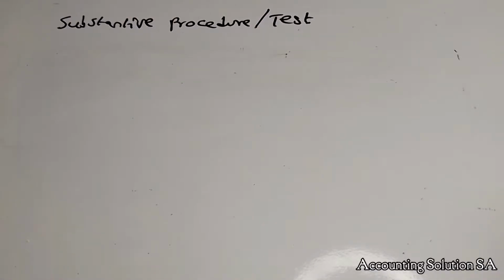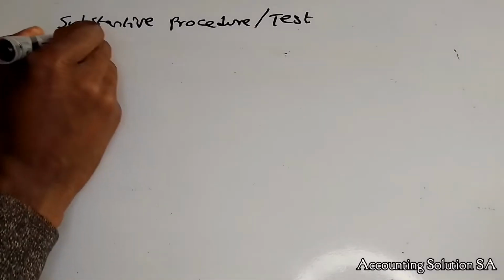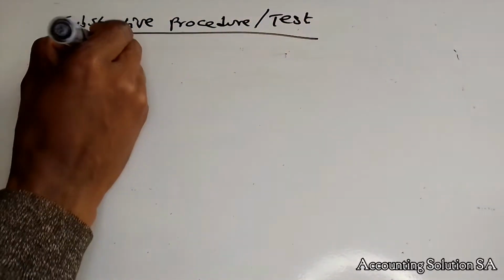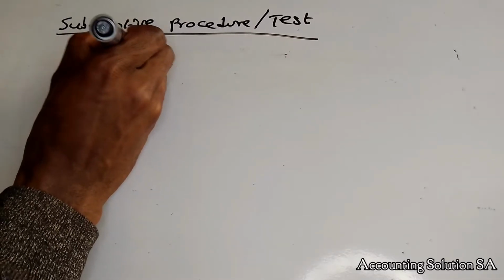It doesn't matter whether the auditor first checks the financial statement, or the auditor firstly checks the other document. It doesn't matter. Alright, so I'm going to give you an example of when we perform a substantive procedure on a revenue cycle.